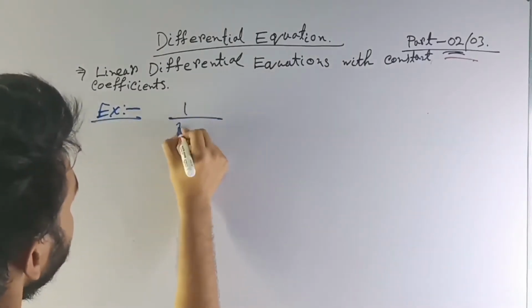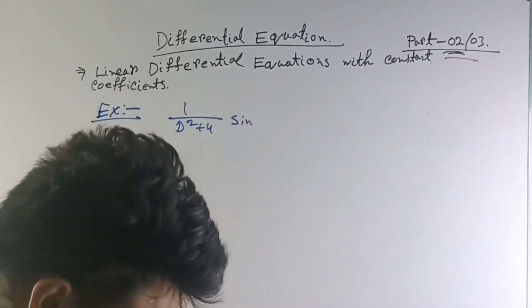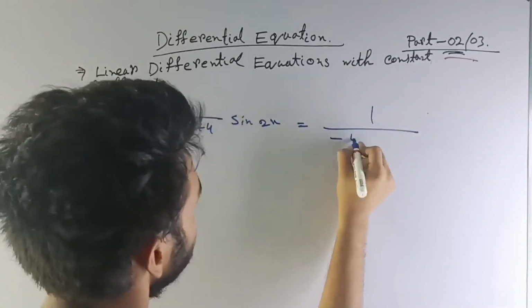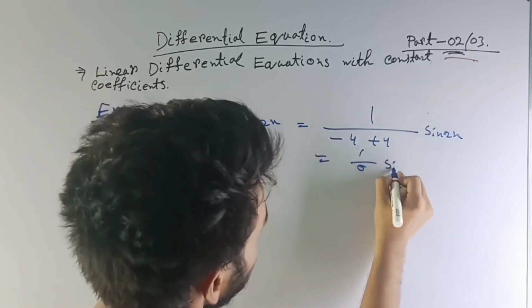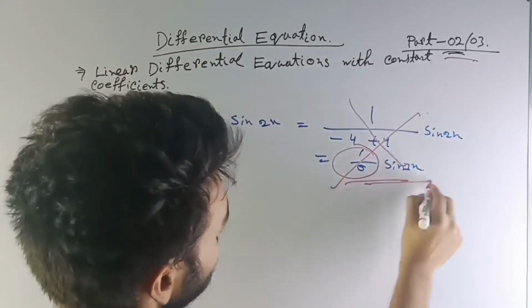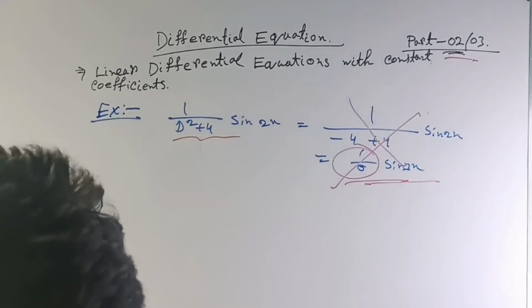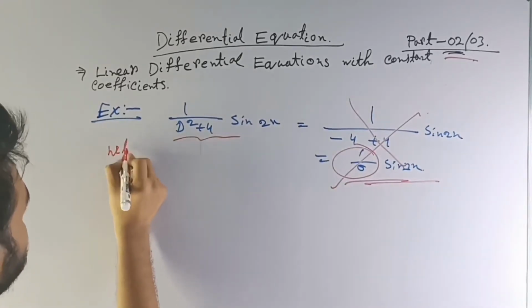Now concept examples: 1 by D square plus 4 of sin 2x equals 1 by 4 minus 4 of sin 2x, that equals 1 by 0 sin 2x. But it's not easy, okay, it's not easy. Also I say you one thing, that if plus then work on this.